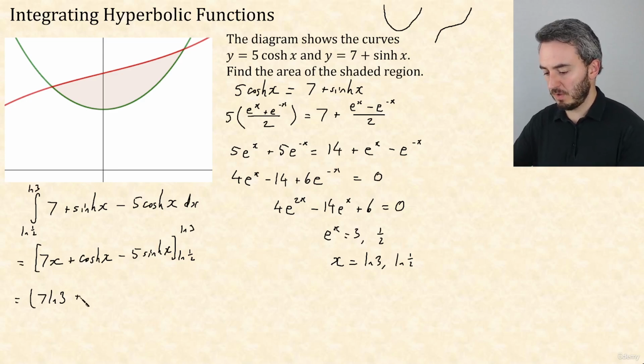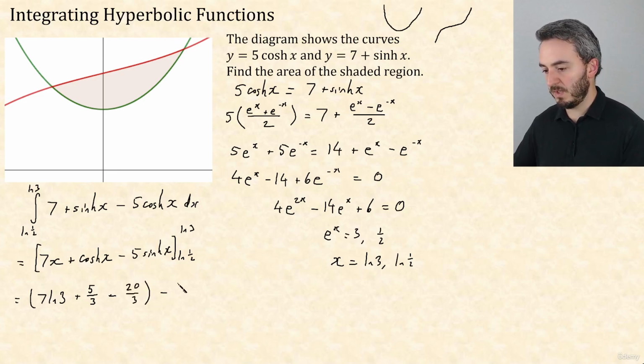Find your cosh button, that's totally fine. You can sub in cosh of ln 3 and discover that's 5/3. I know I haven't been doing that recently, just to show the method of subbing in, but we're totally allowed to do that. Then 5 sinh of ln 3: sinh of ln 3 is 4/3, times 5 is 20 over 3. So minus 20 over 3.